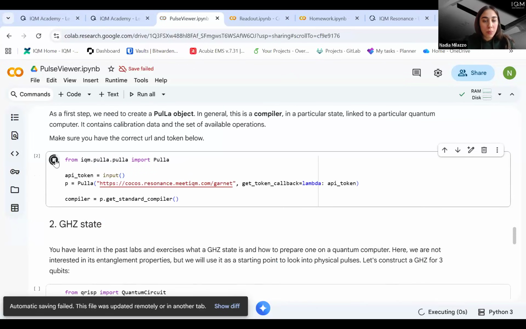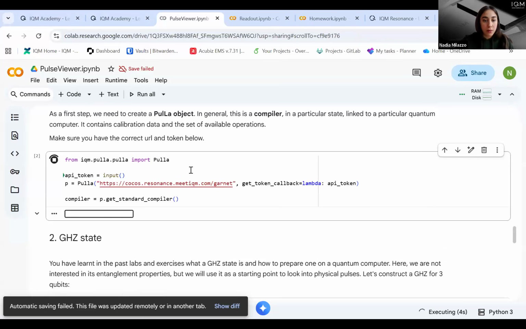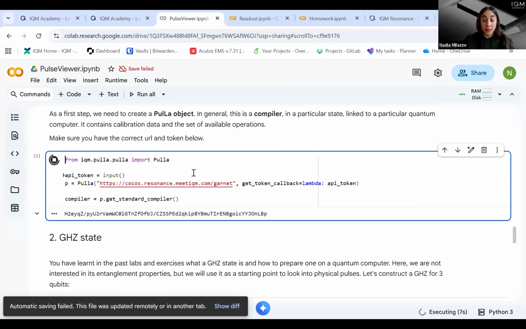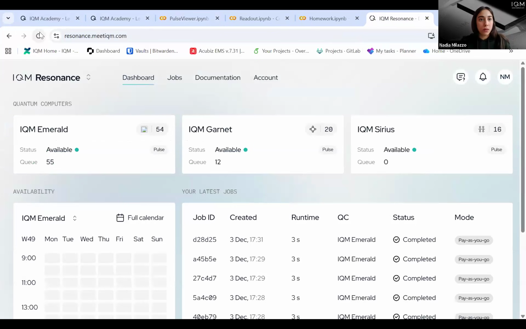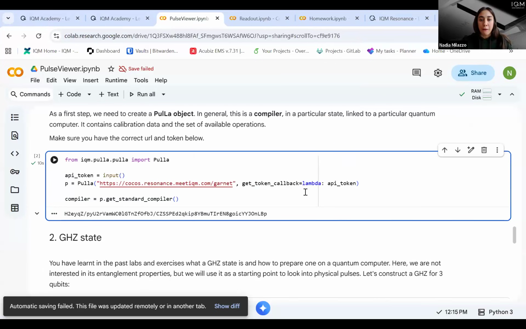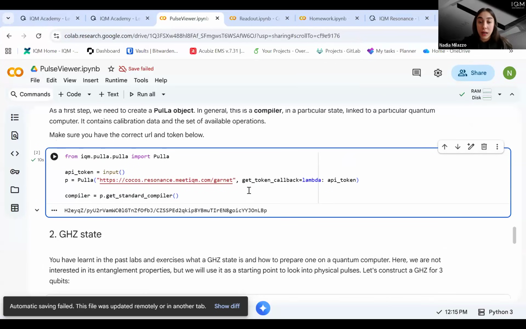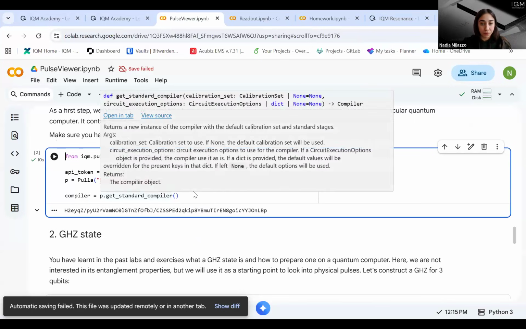So let's import for the first time this Pula compiler. I will copy paste and hit enter for my API token. And I didn't check whether Garnet was busy. Let me check quickly the queue. Yes, there is no queue. Perfect. Okay, so we are now connected and we have initialized this quantum compiler.